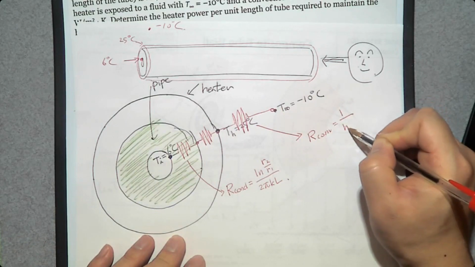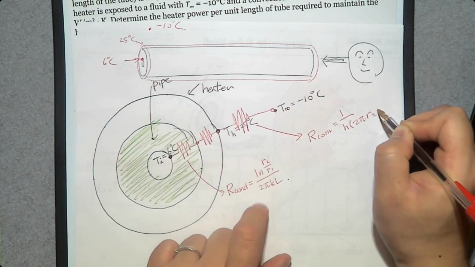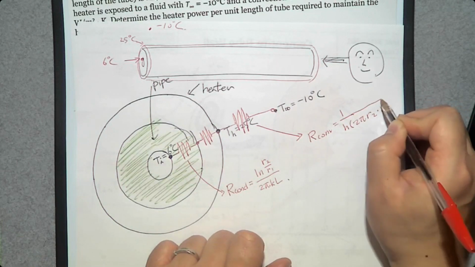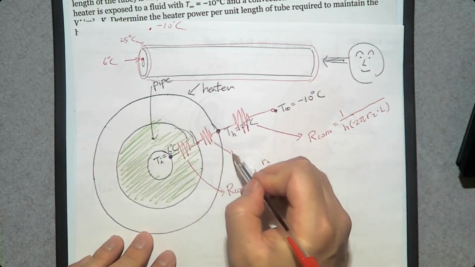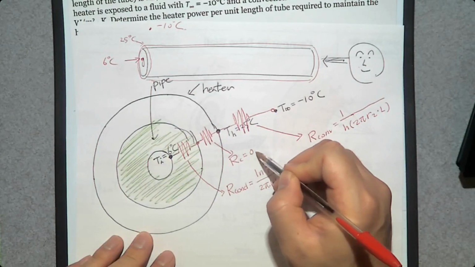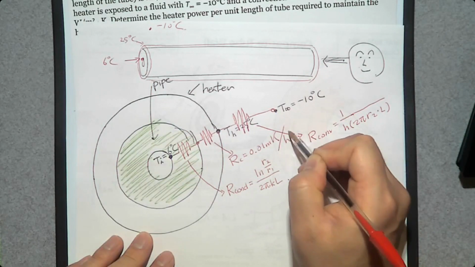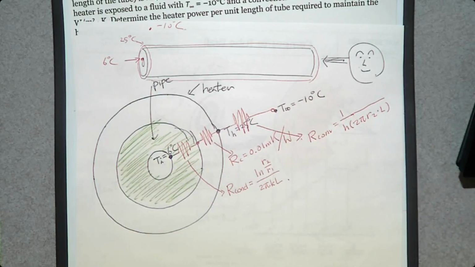By the way, this A is going to be 2 pi R2 times L. And we have this contact resistance, which is 0.01 meter Kelvin per watt. So we have 3 resistances.